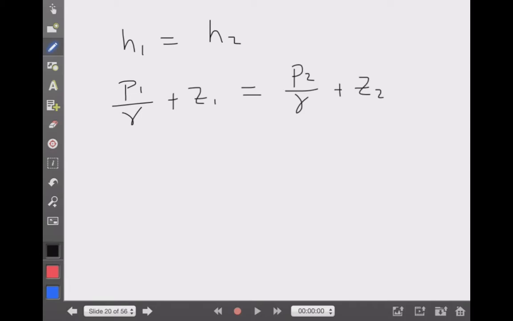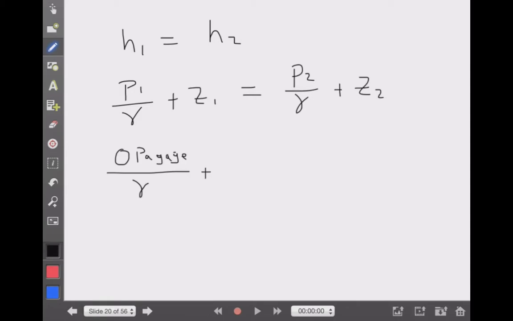So let's go ahead and plug in the values that we know. We can plug in 0 pascals gauge for the gauge pressure at the top of the fluid at the free surface, and then gamma.